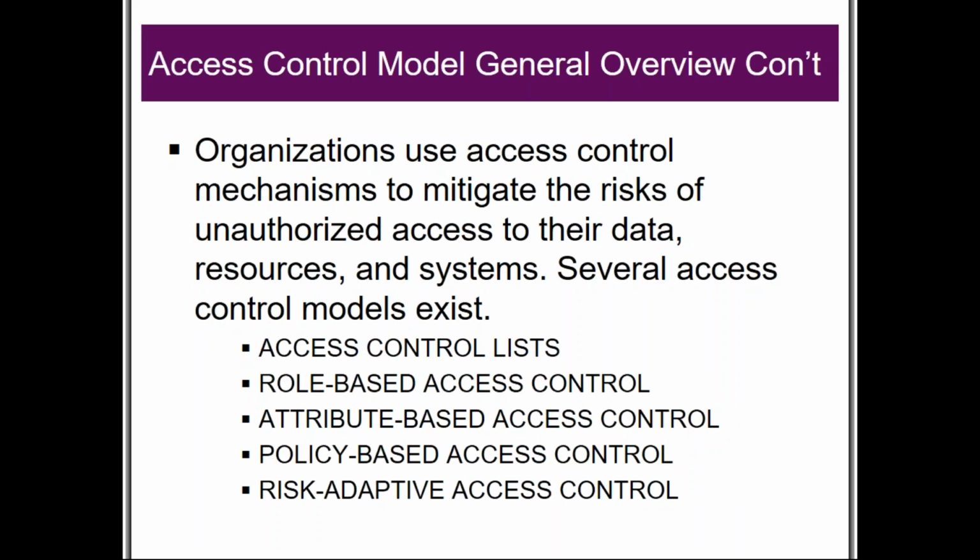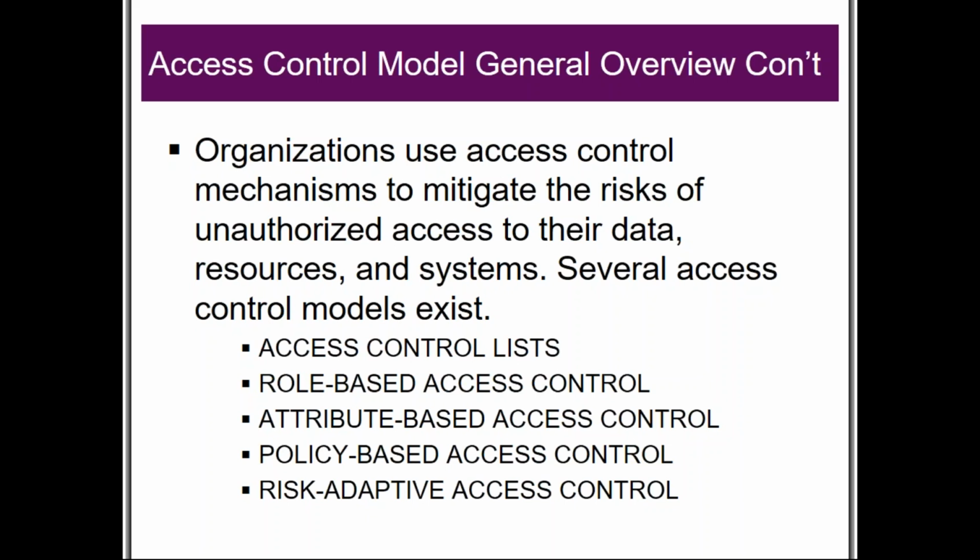For example, each file on a file system might have an associated data structure that holds a list of users that the operating system as a whole recognizes, along with a flag that indicates whether each user can read, write, delete, or modify that file, or a combination of those things. So that's the regular old access control list.